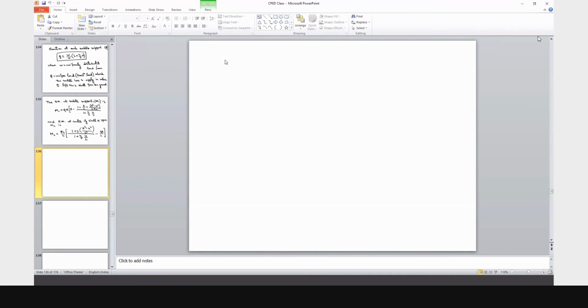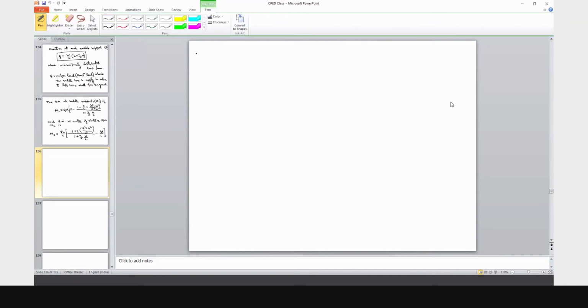So bending stresses in the shell at the saddle due to M1, bending moment 1.